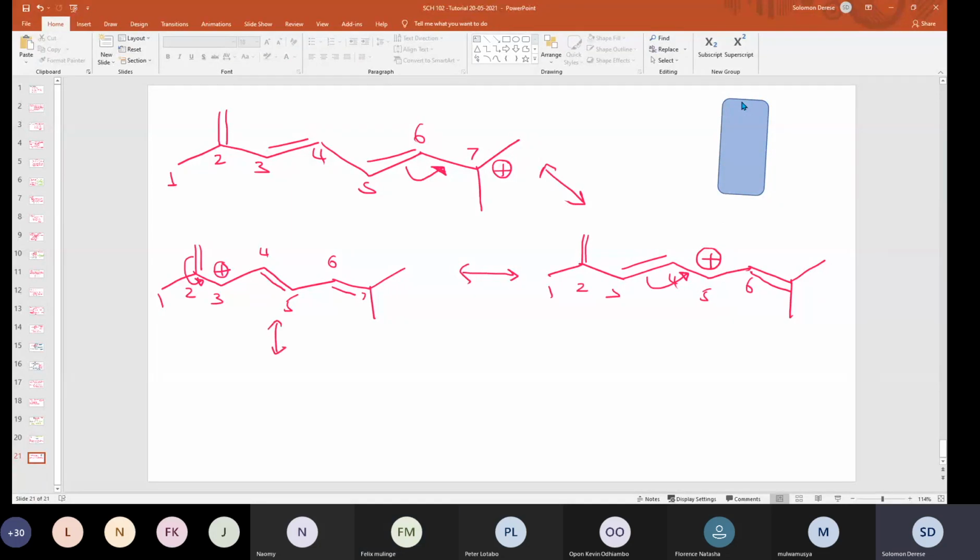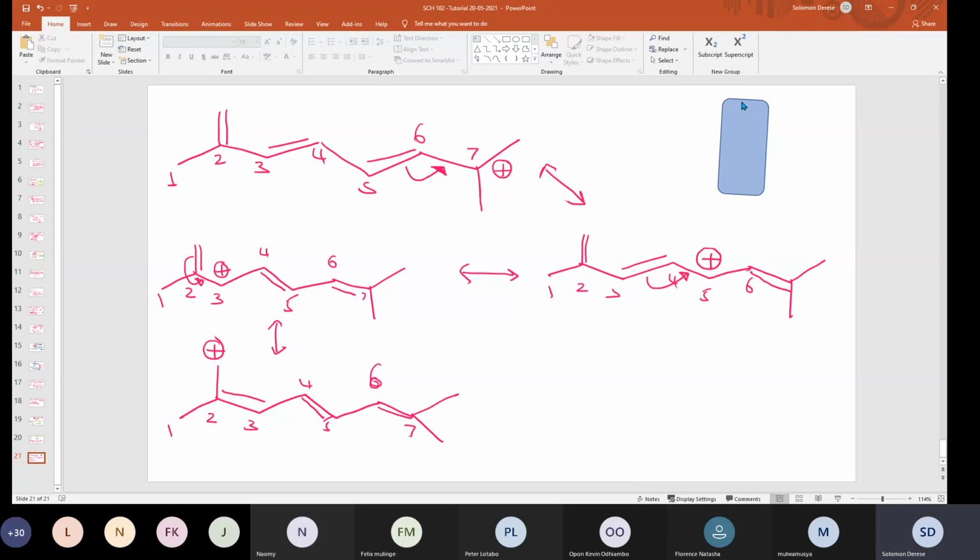So now what we'll have is, let me write 1, 2, 3, 4, 5, 6, 7. Between 6 and 7 we have a double bond. Between 4 and 5 we have a double bond. Now we have a double bond between carbon 2 and number 3. Now the positive charge goes to this carbon.